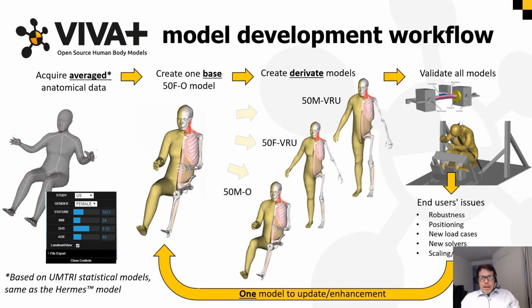As mentioned earlier, the base VIVA Plus model is the seated average female. The geometry is based on statistical shape models, and actually it's based on the same geometry as the newly presented Hermes models presented at Arcobi and developed by Amtri.